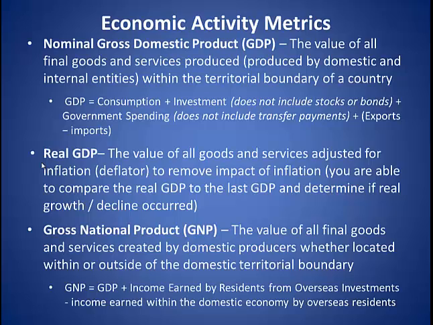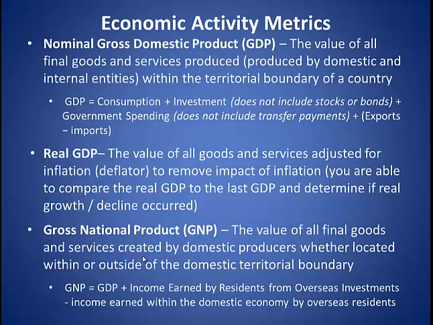The third area of measuring economic activity is the gross national product, not to be confused with the GDP. That's the value of all final goods and services created by domestic, in the context of the U.S., U.S. producers, whether those producers are within or outside of the domestic territorial boundary.